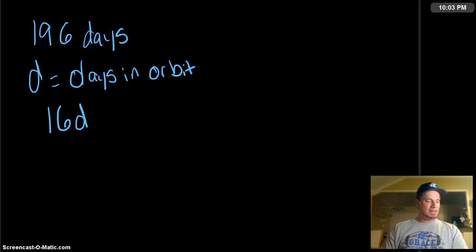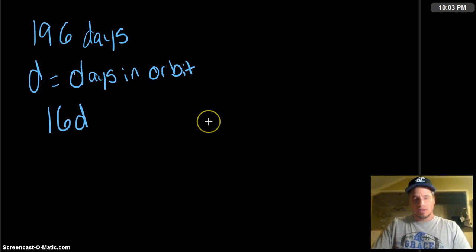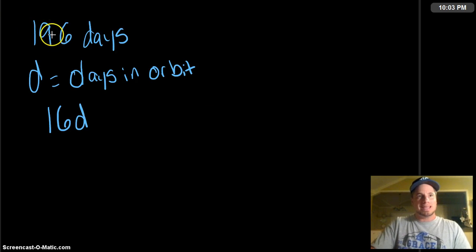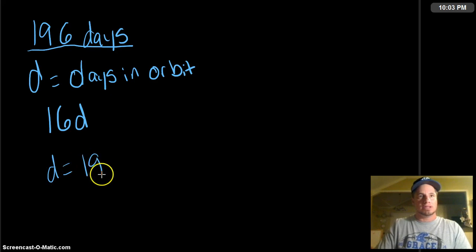Now it says to identify the value of D for the 2002 space flight. Well, remember it says D is the number of days in orbit. How many days were they in orbit? 196 days. So D is equal to 196.